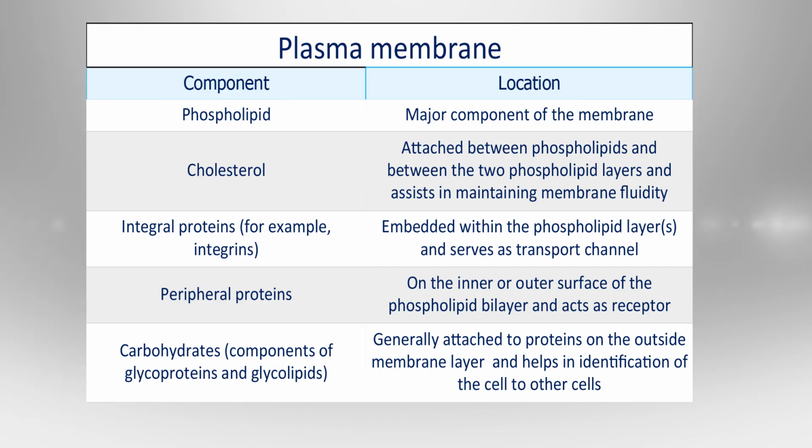The protein channels act as transport for the movement of molecules in and out of the cell, and peripheral proteins can be present at the inner or outer surface of the phospholipid bilayer and act as receptors. Another component is the glycoproteins and glycolipids, which are attached to the protein components of the membranes and help in the identification of the cell to other cells. Cell-cell interaction helps in cell-cell recognition.